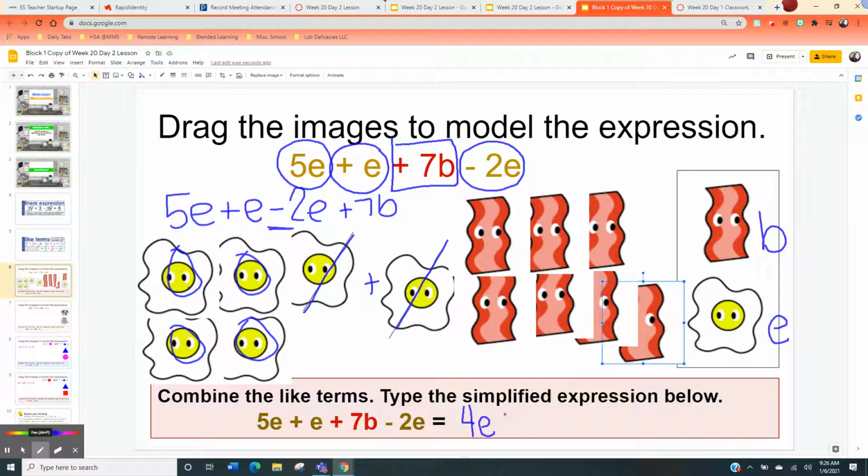So all I have to do down here is do plus 7b. That is my simplified expression. I condensed it or made it smaller. So remember, when you see that subtraction, you need to make sure you are taking away. It can't just stay the same. Okay, so let's go ahead and look at another one.